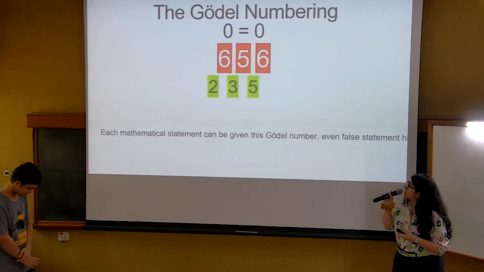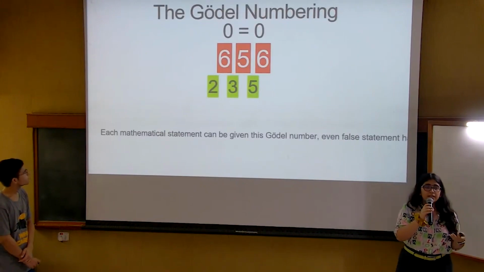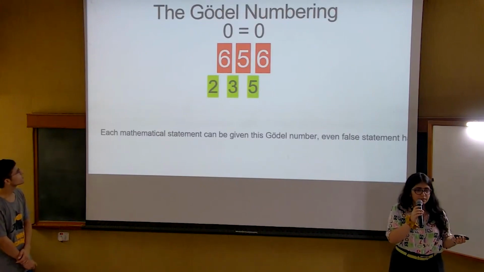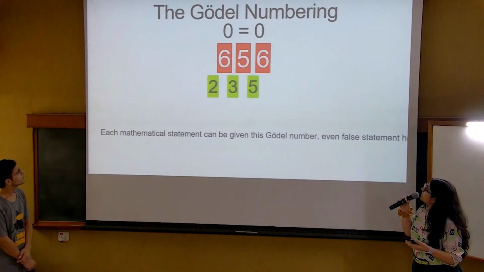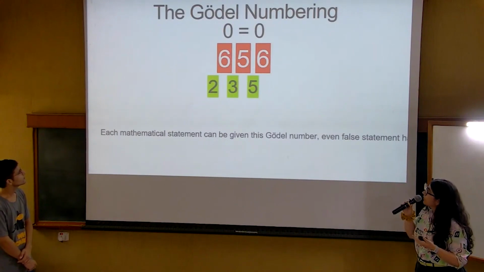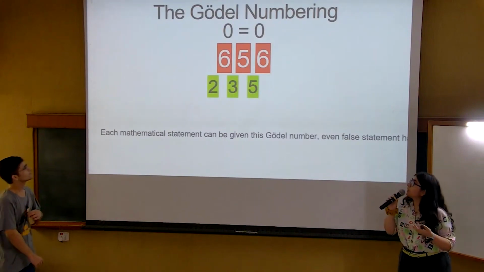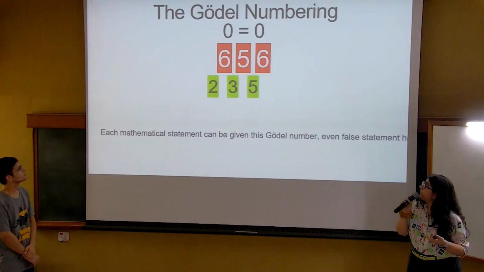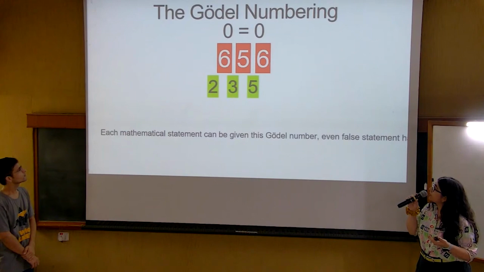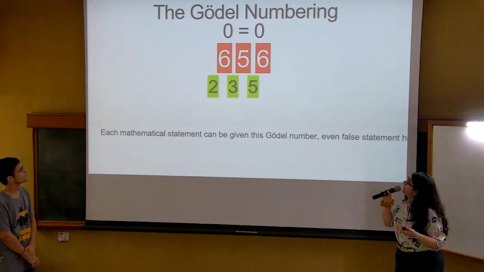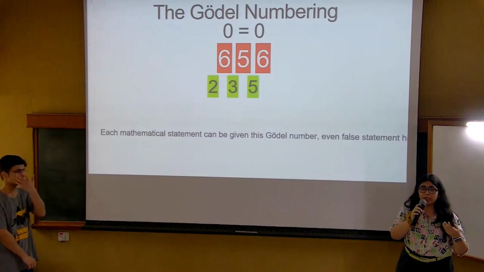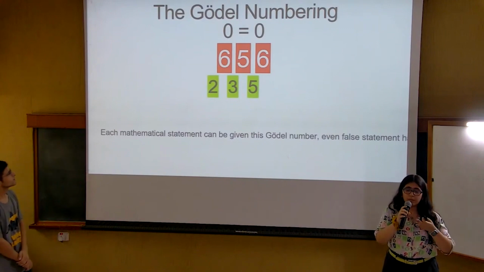The Gödel numbering is a system by which he made mathematics speak for itself. Here, the process is like this: 0 = 0 is a statement. 0 is represented by 6 in Gödel numbering. The equal sign is represented by 5. 0 is again represented by 6. Now these symbol values are used as exponents on the series of prime numbers.